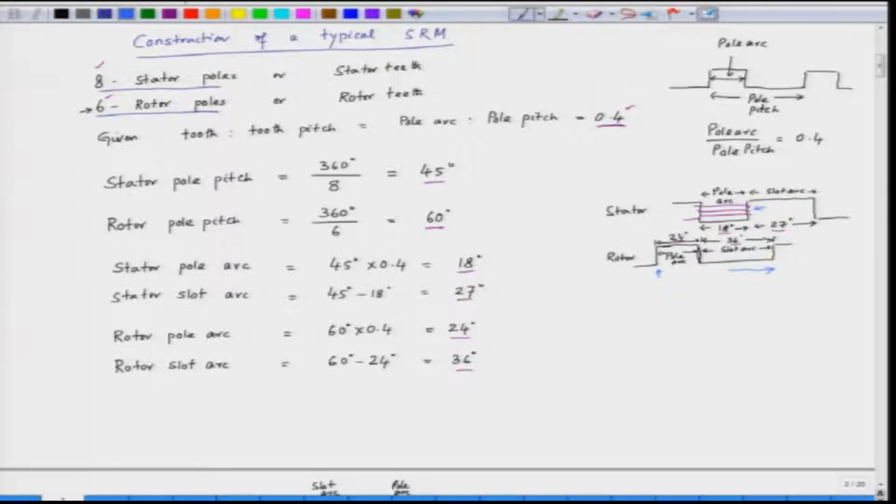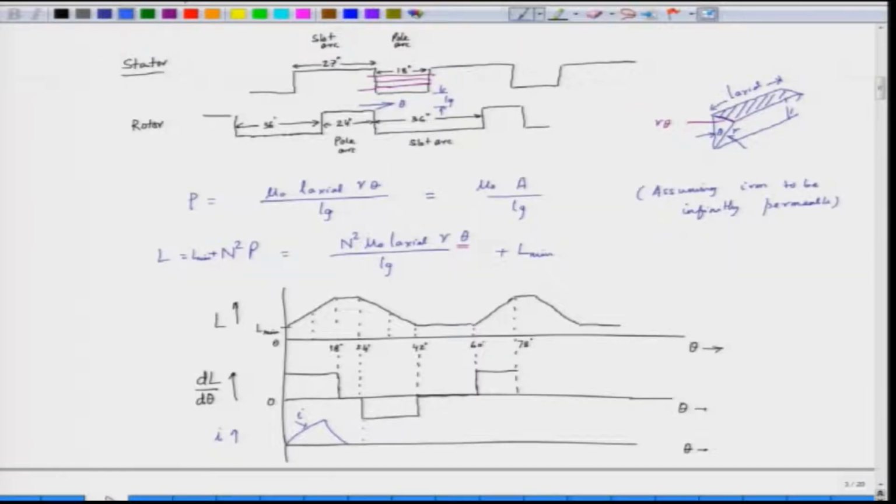And we have also seen the variation of the inductance. This is a developed diagram here. The rotor is moving along this direction, and the variation of the inductance is from a minimum value to a maximum value. This we can call L maximum, the maximum inductance of the winding of the stator.